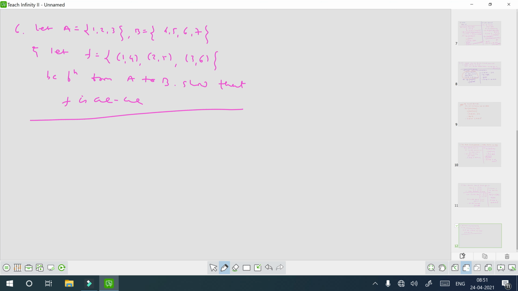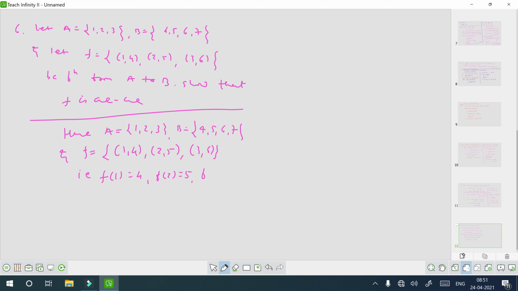So here A is equal to {1, 2, 3}, B is equal to {4, 5, 6, 7}, and f is equal to {(1, 4), (2, 5), (3, 6)}. Means what? That is, f of 1 is equal to 4, f of 2 is equal to 5, and f of 3 is equal to 6.